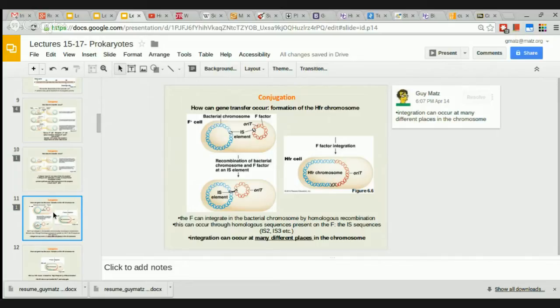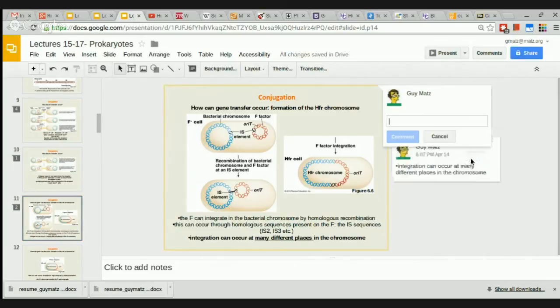The F can re-excise by homologous recombination, and that leads to the excision of the F with additional chromosomal sequences. So that's an extrachromosomal element containing bacterial genes, called F prime. So: F plus, HFR, F prime.